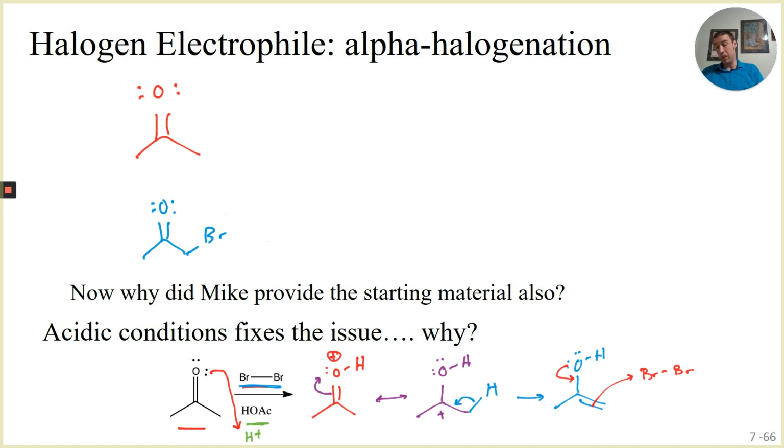Considering the mechanism that we addressed below, under acidic conditions, the first step needs to be to protonate one of our structures, either the red structure or the blue structure. Well, which one is more likely to react with the acid? Well, of course, the stronger base. Which one's the stronger base, red or blue, and why?